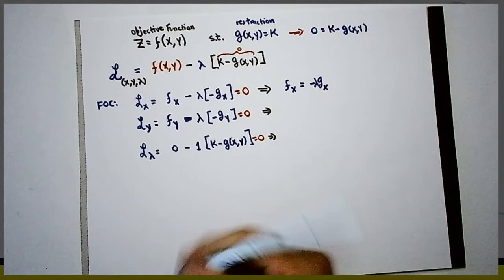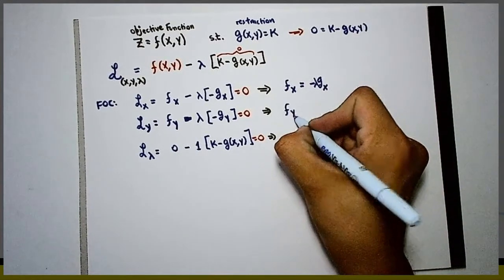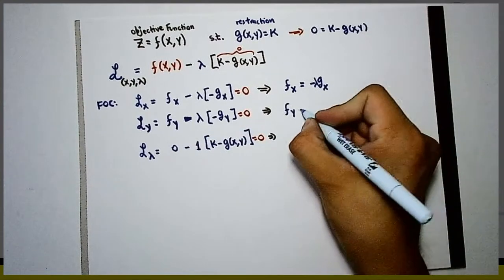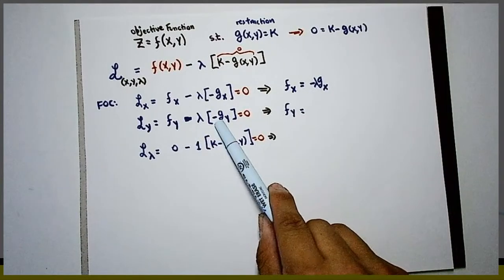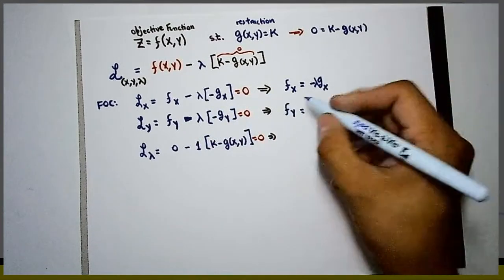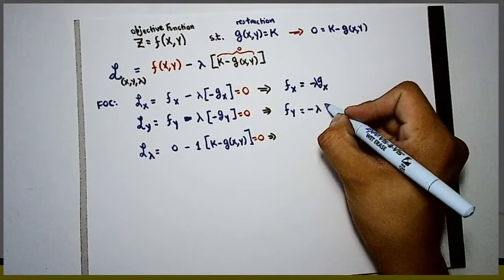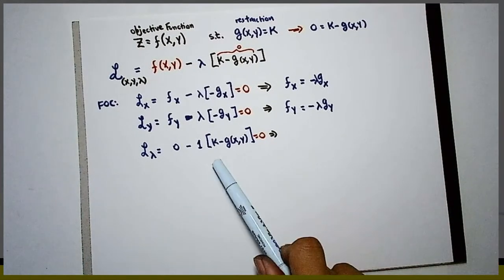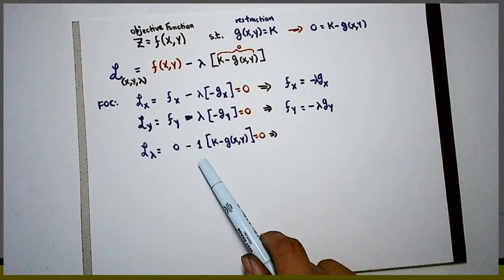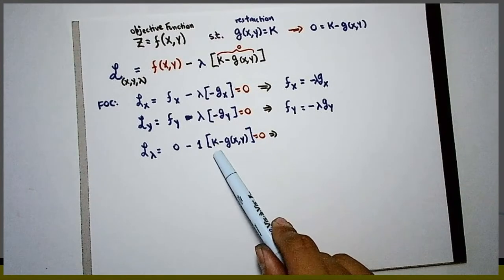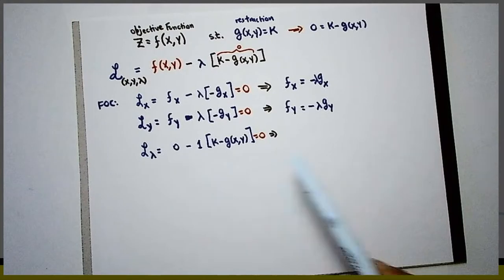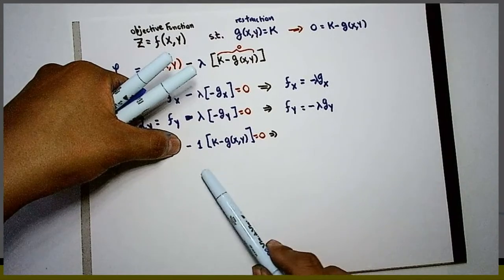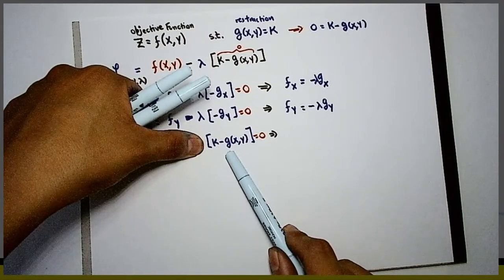In a similar way, here we leave the partial derivative of the objective function with respect to y on one side equals, then minus times minus is plus, but because we are moving it to the right hand side, it becomes minus lambda gy. And finally here, notice that is minus 1 times k minus g. 0 disappears. Then we divide everything by minus 1, and then we get k minus g equals 0.